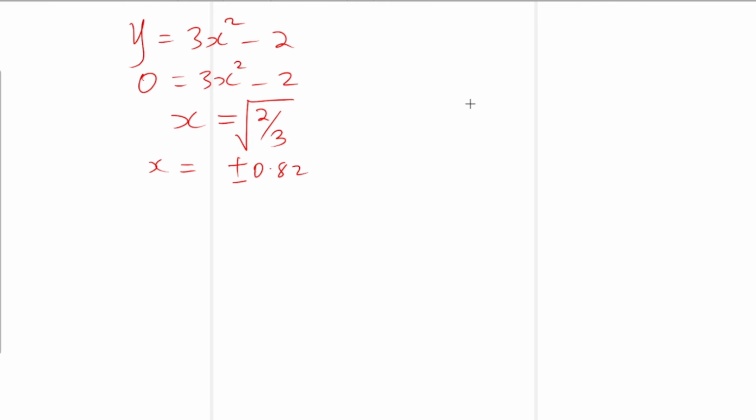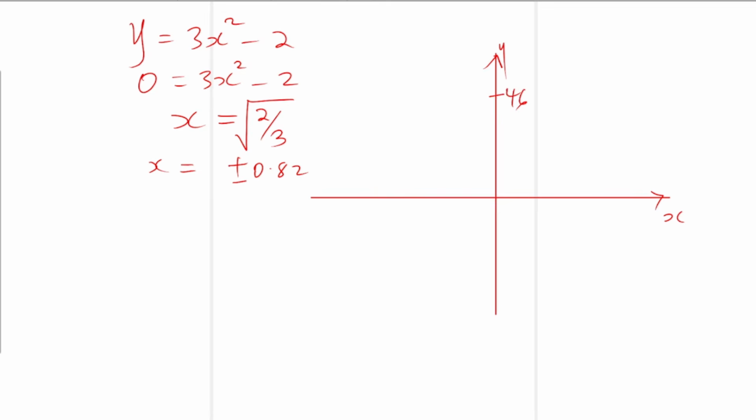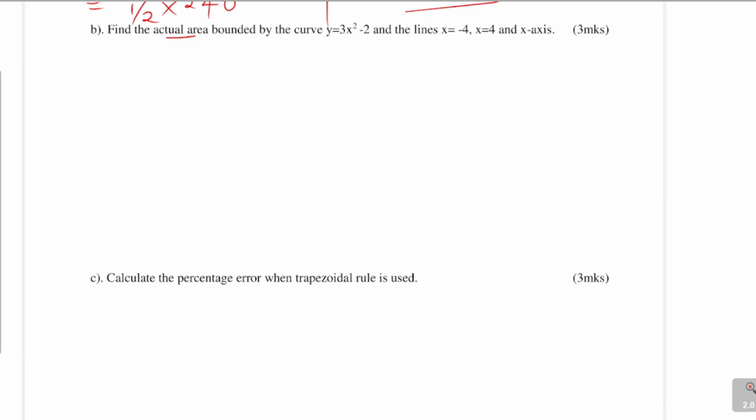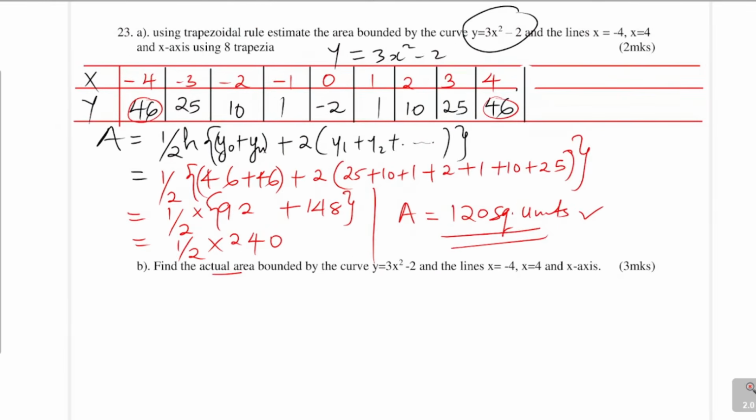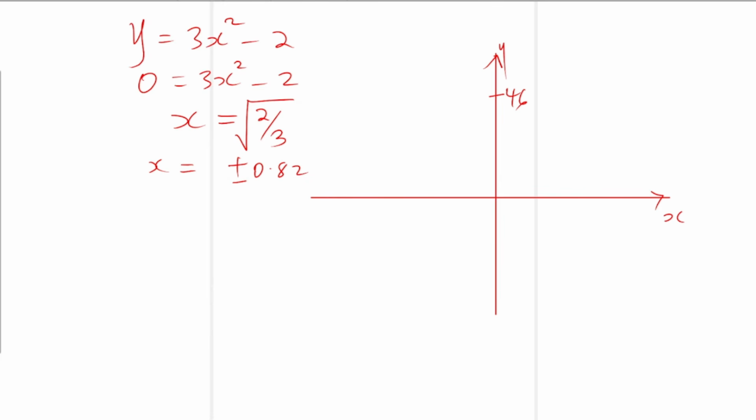If you do a rough sketch of this curve, you notice it looks like this. That is the y, this is the x. Assuming this is 46, you can see at -4, y is 46. Then when x is 4, y is 46. And when x is 0, y is -2. So I can use that to guide me.